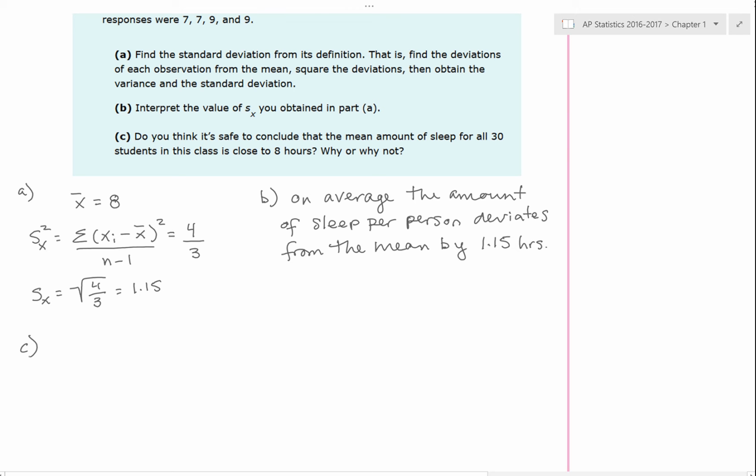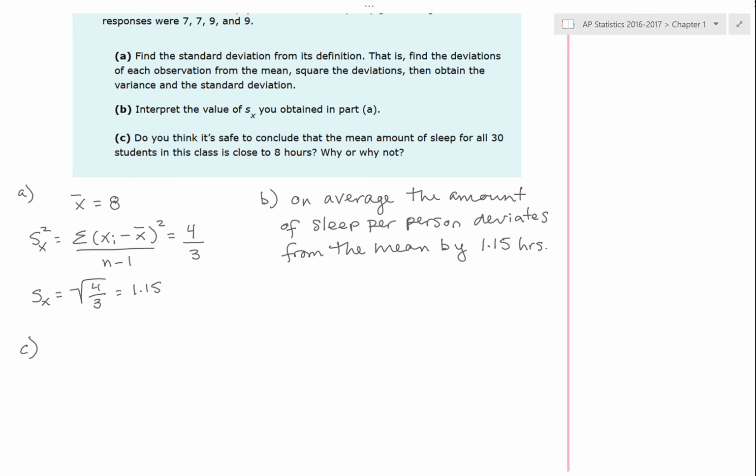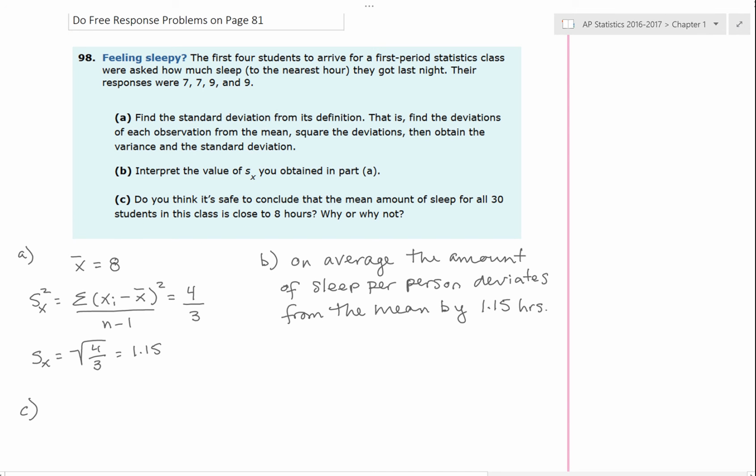So you've gone so far as to think about some reasons why these first 4 students might not represent all of the 30 students in the class. And notice that it's a first period statistics class, so those who arrive first may have slept longer than the other students in the class.